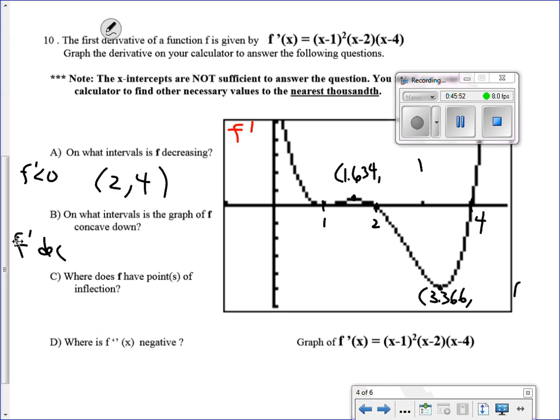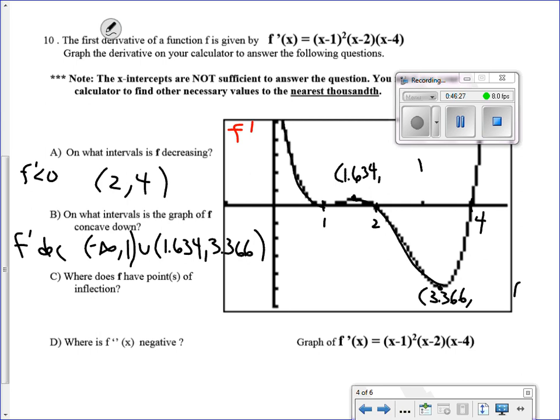It's decreasing from negative infinity to 1. Let's write that. And then again, from where we had that max, 1.634, all the way down to 3.366. So 1.634 till 3.366.